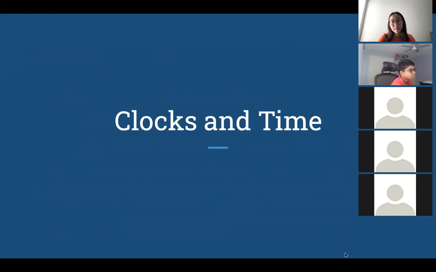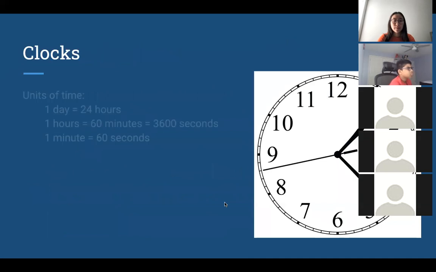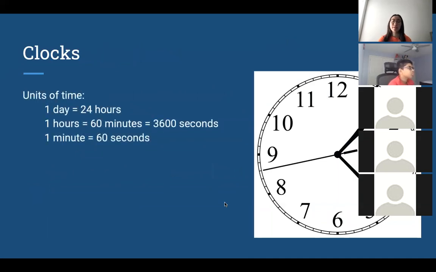Okay, another topic we're going to cover today is clocks and time. A lot of tests will ask you about the angles, the degrees, or how long it's going to take for the angle between the hands on a clock to get to a certain degree. As you should know, 1 day is 24 hours, 1 hour is 60 minutes, and 1 minute is 60 seconds.